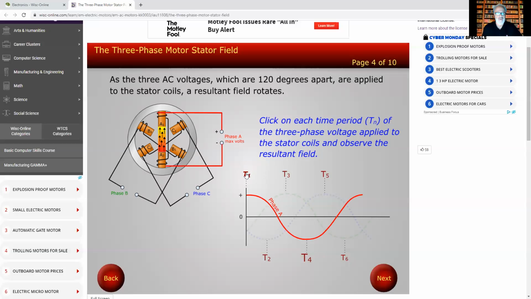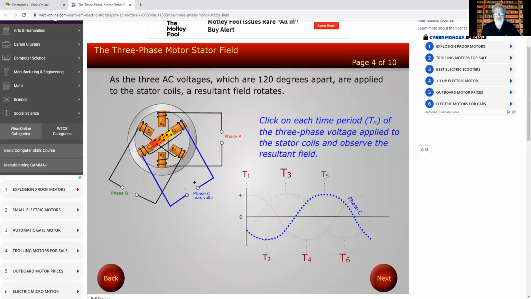I'm going to click on T1. At T1, this is showing phase A, and we see that this magnetic flux is created here. At T2, we're seeing phase C, and we're seeing the magnetic field here. We're just progressing along with this.